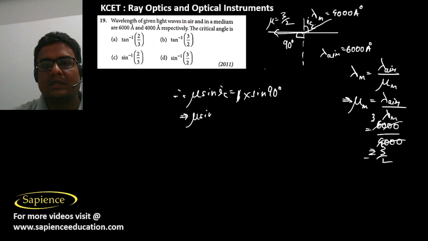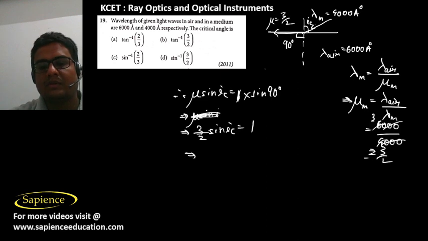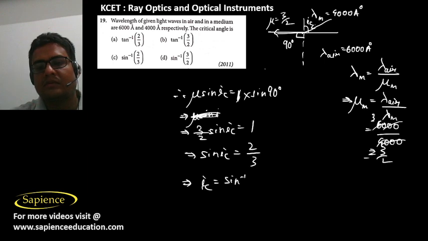So 3 by 2 into sine IC is equal to 1. So sine IC is equal to 2 by 3. So the critical angle will be equal to sine inverse of 2 by 3. So option C is the correct answer.